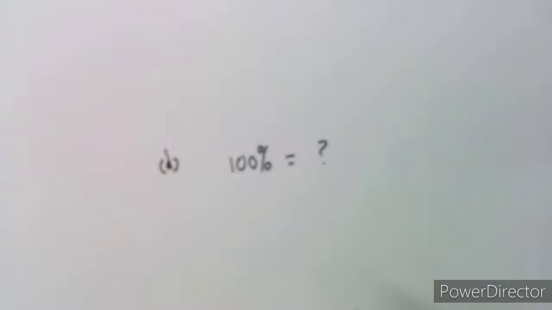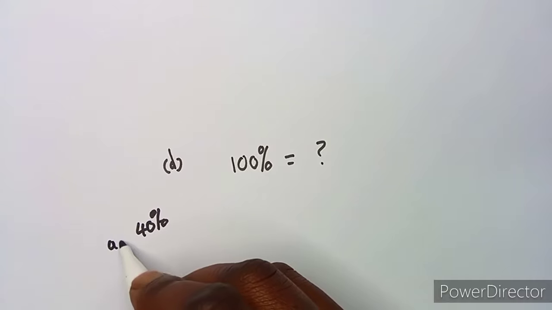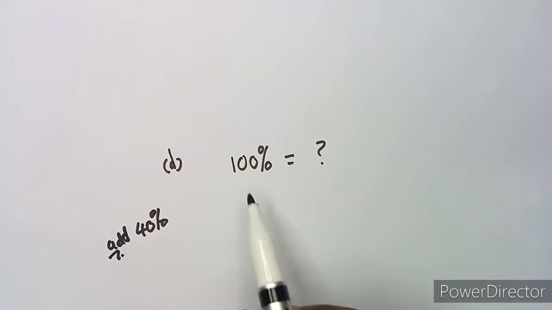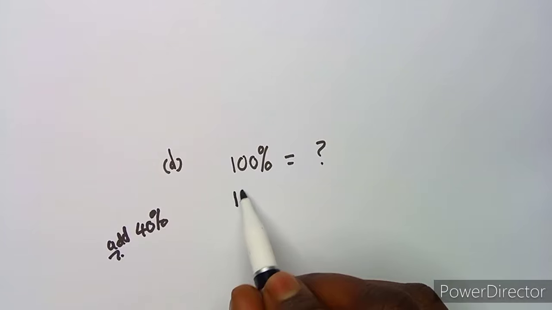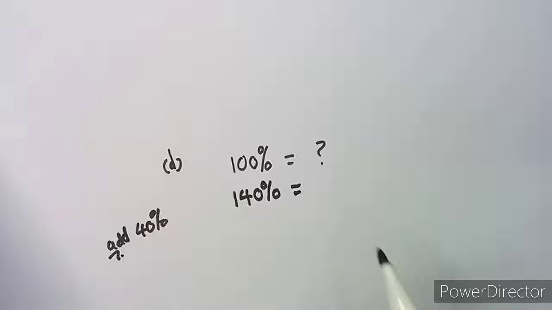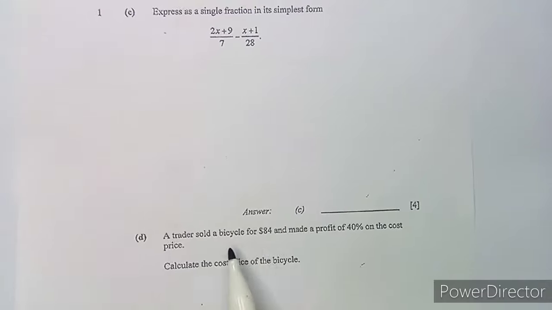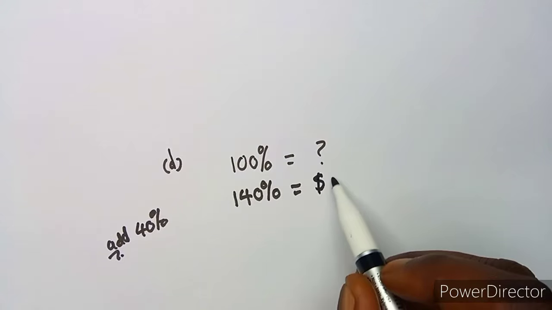So in this case, we've got a profit of 40%. So if it is a profit, we are going to add 40% to the normal percentage that we use, which is 100. So if we add 40, we are now at 140%, which is the one that corresponds to the amount that the bicycle was sold at. And the bicycle was sold at $84.